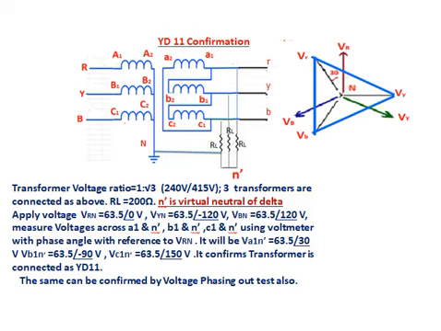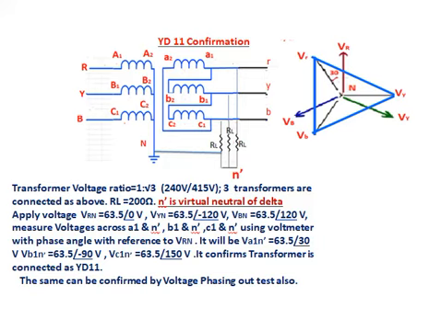See here, RL, three resistors star connected, form a neutral point, that is N dash. This neutral and the primary neutral are isolated. If we short it, we can compare the angle between the primary and the secondary.